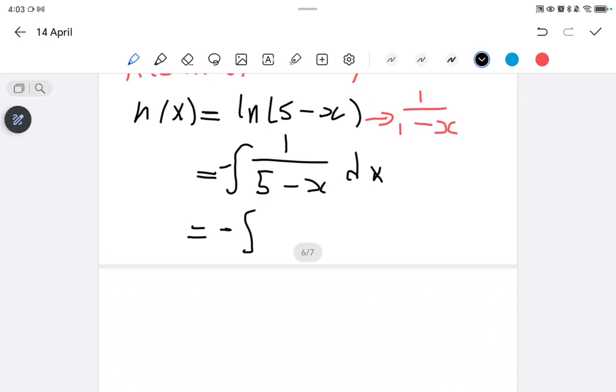So you know that for us to put it in that representation, we need to factor out 5 here. Then I can take out that minus 1 over 5. Let me do this.